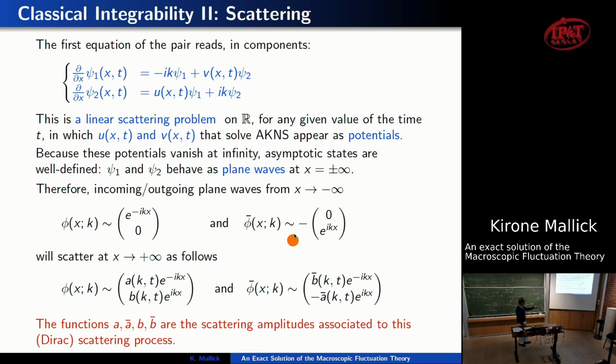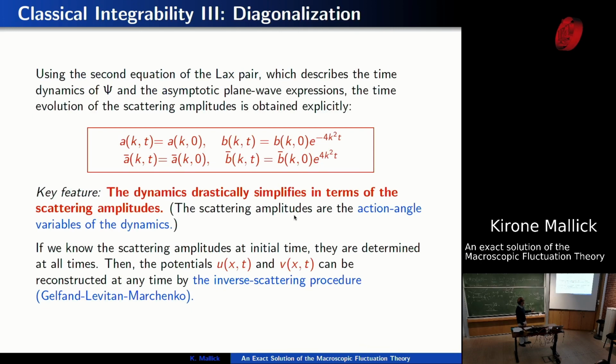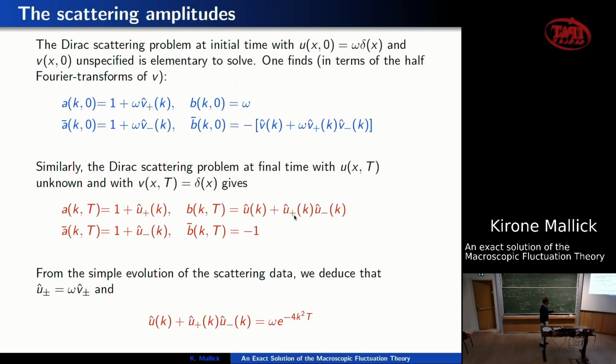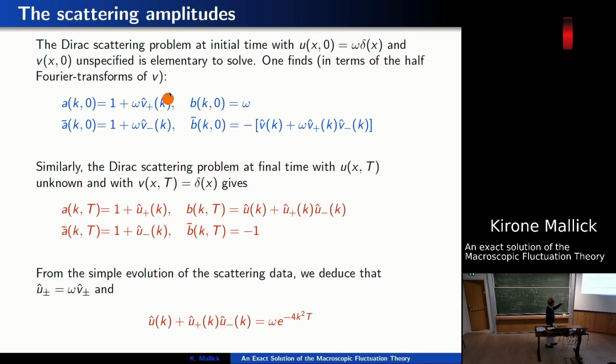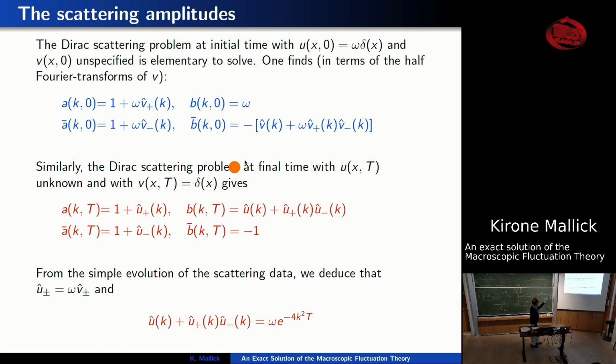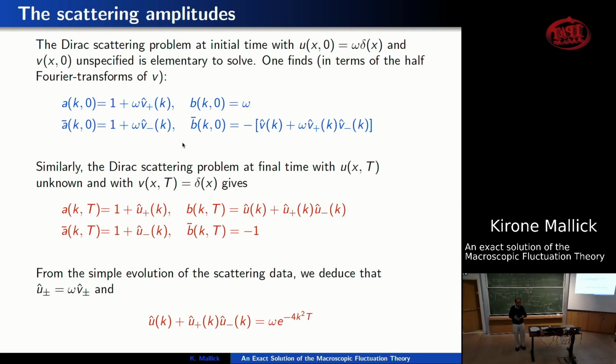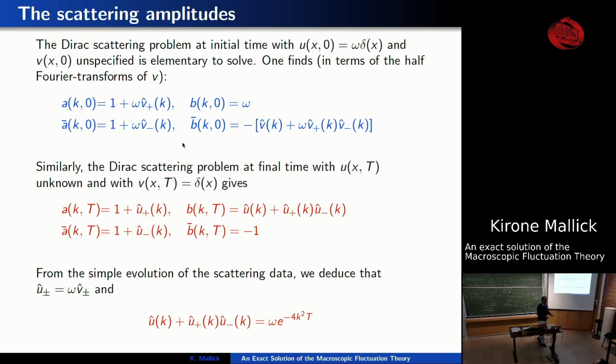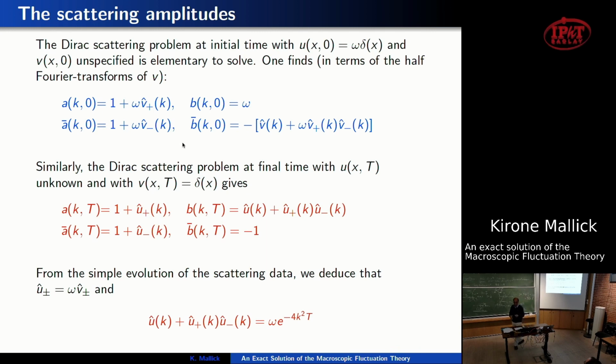So that's what we did. We computed the scattering data, I'm going a bit faster, in terms of the unknown functions U and V, and we were able to get explicit expressions of the scattering data in terms of the Fourier transforms of the functions U and V. This is a bit long, but it is elementary, because you are just doing scattering by delta potentials.